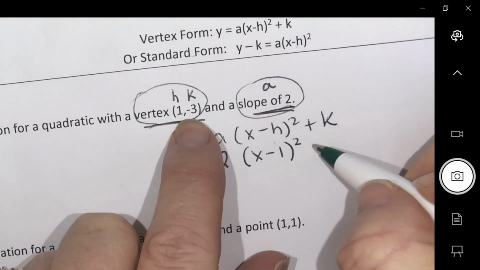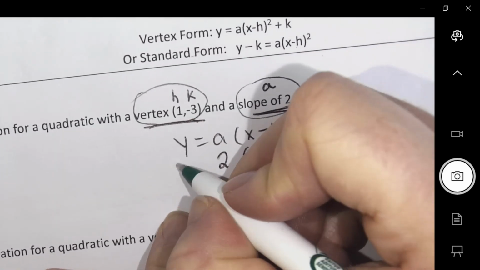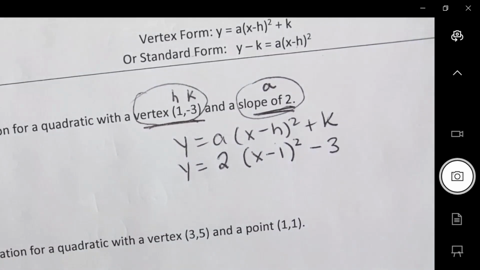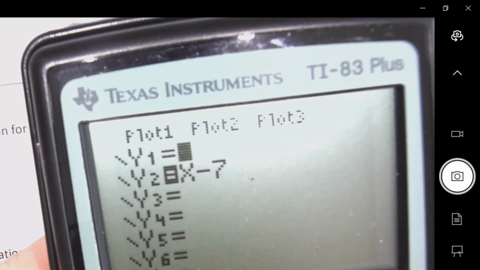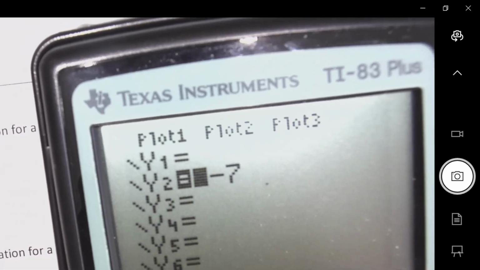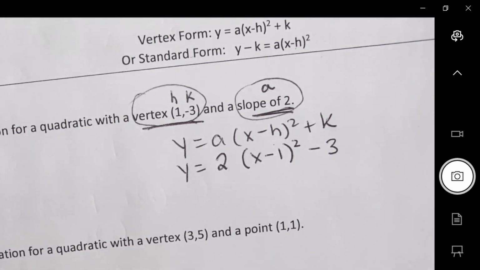So I see a minus 3, so I'm going to minus 3. And there's my final equation. So every time you have a final equation, it better contain all of the info except for x and y. Because when we graph, we always do y equals and then x's. So we need x and y left.